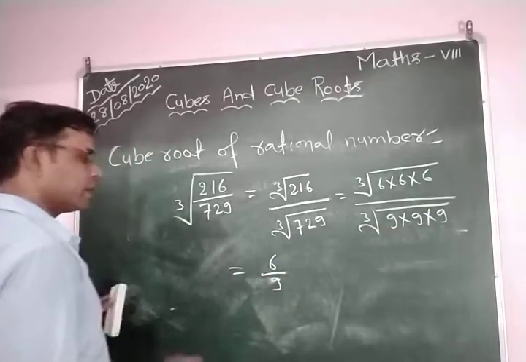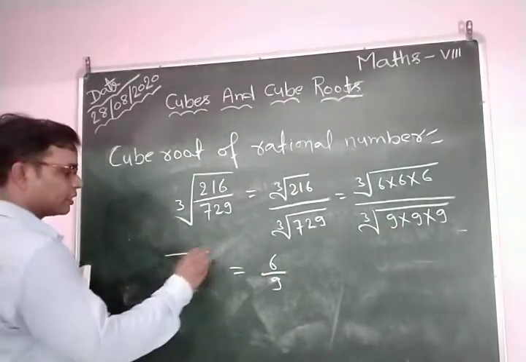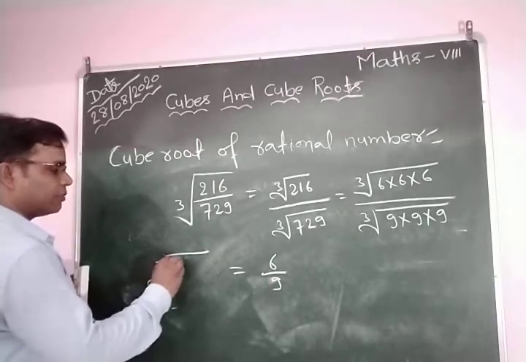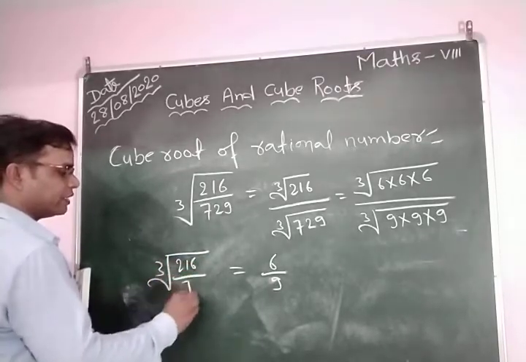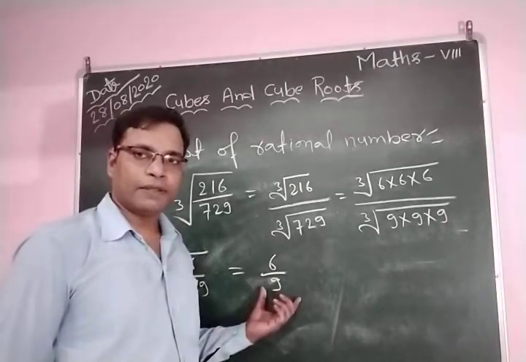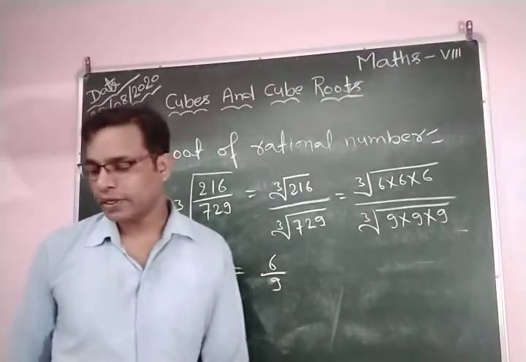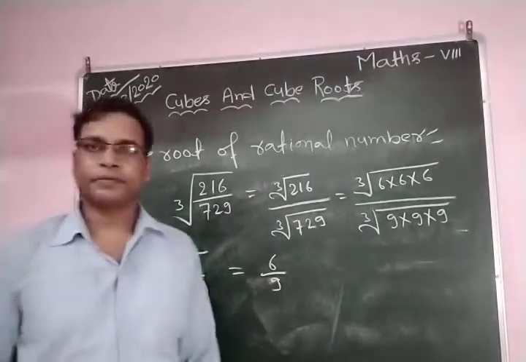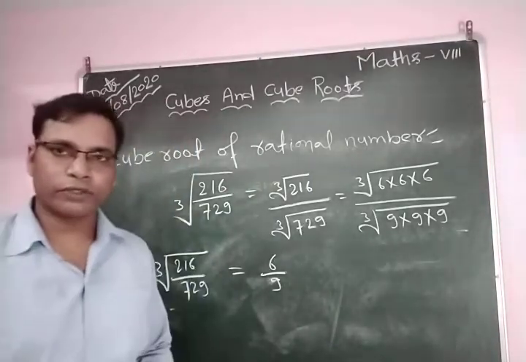So in this way, the cube root of 216 by 729 is equal to 6 by 9. Okay, students, I hope all have understood this question.